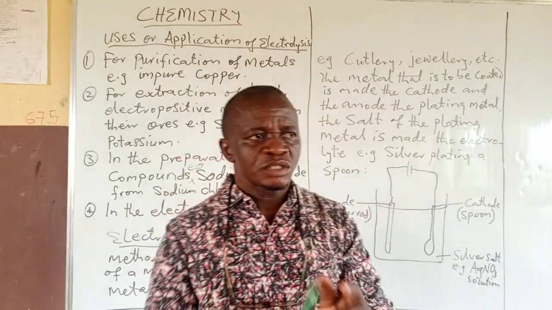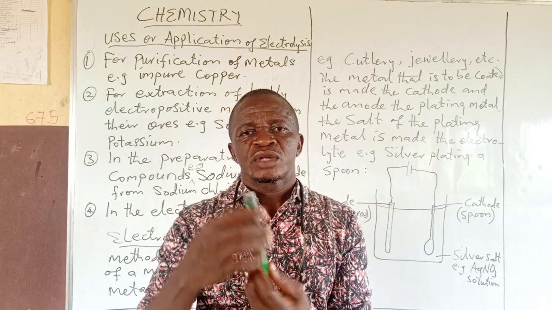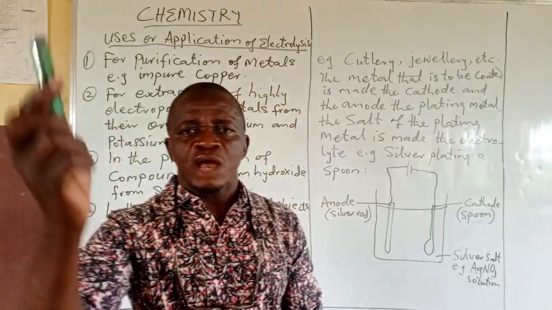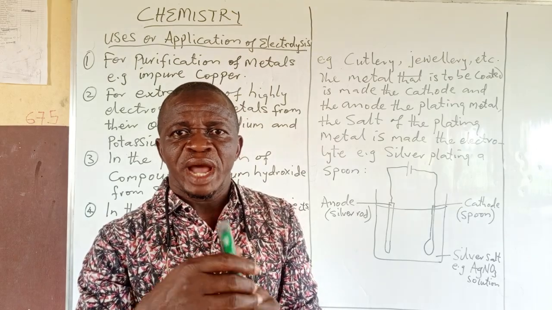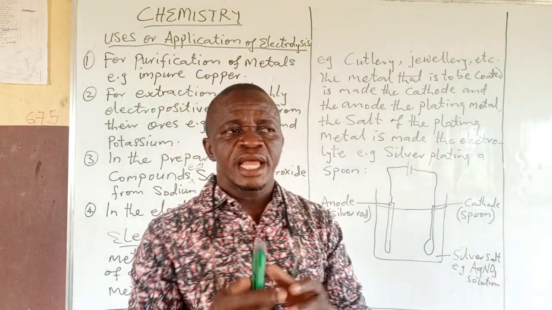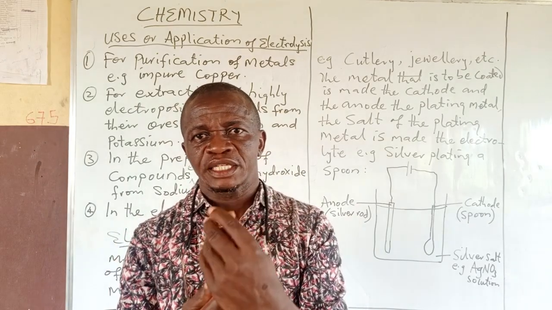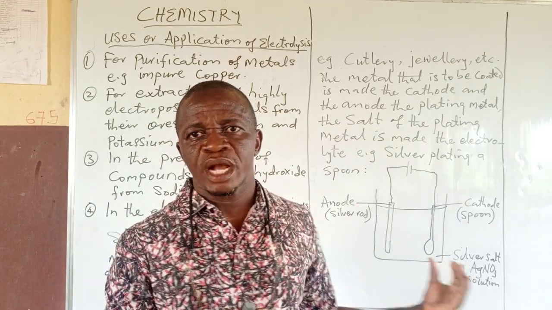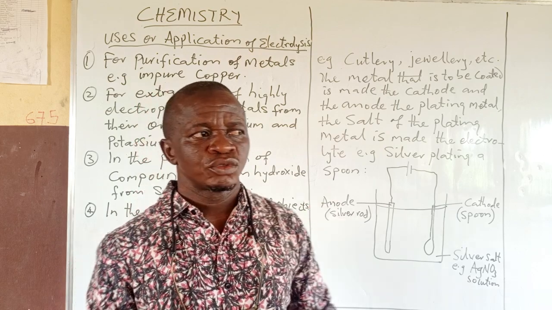Now, this is my spoon. I want to electroplate it so that it will look attractive. I will make that spoon that I want to cover the surface my cathode. And then the substance that I want to use and cover it, assuming I'm using silver, I will make the silver rod the anode.